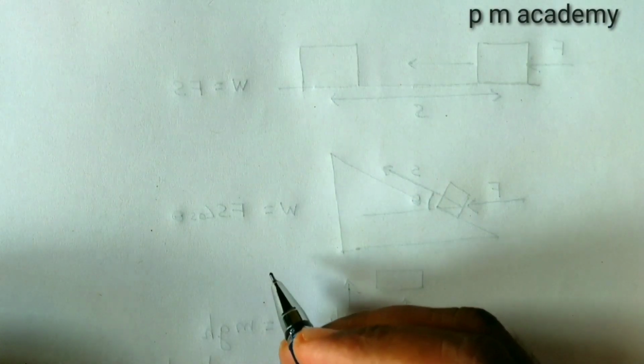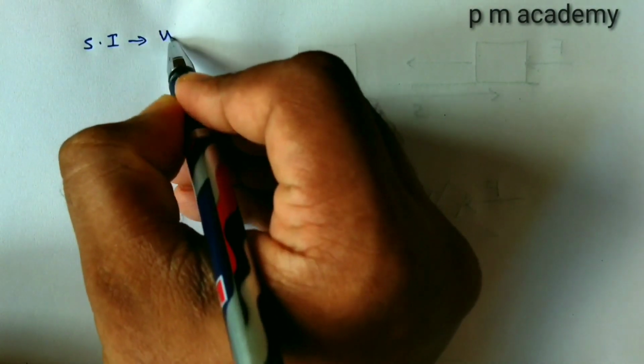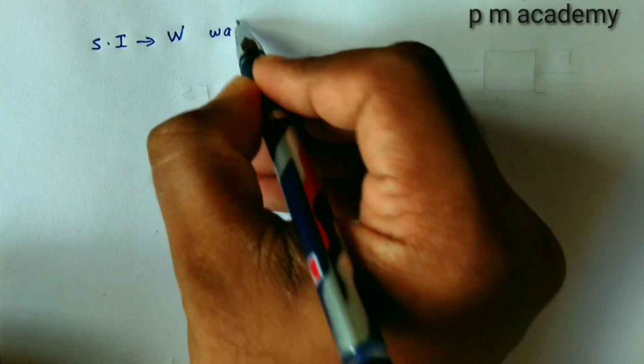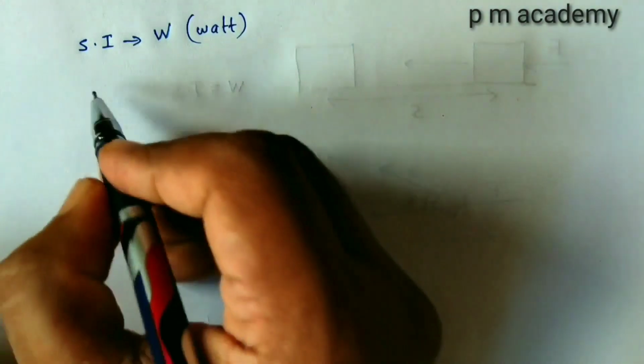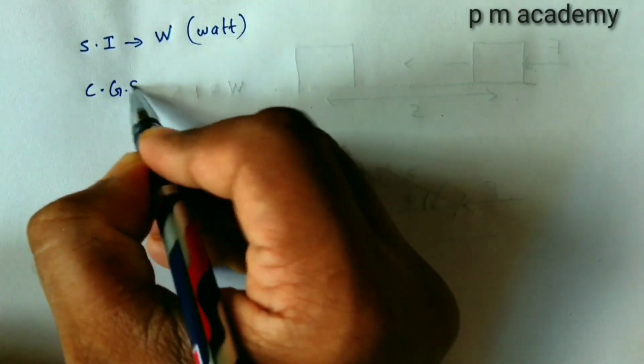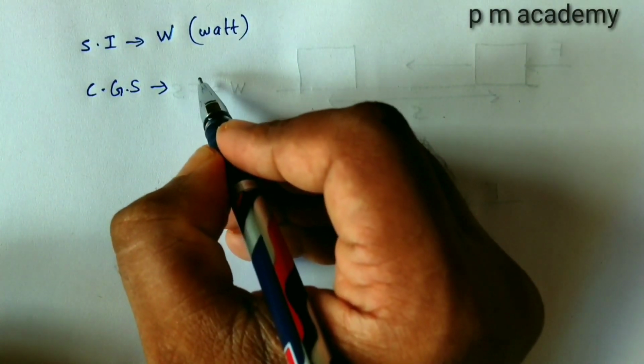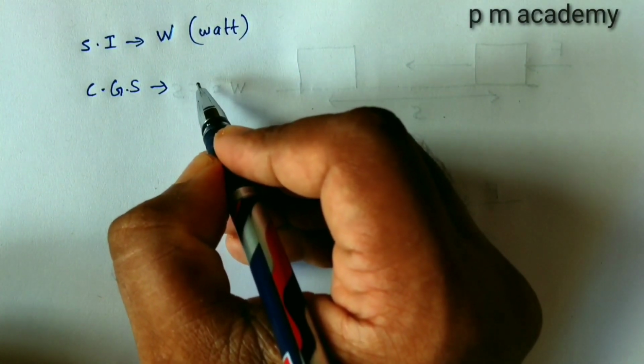SI unit of power is watt. W-A-T-T, watt. Then what is a CGS unit of power? You know that SI unit of power is joule per second.